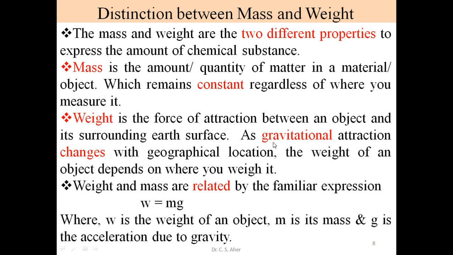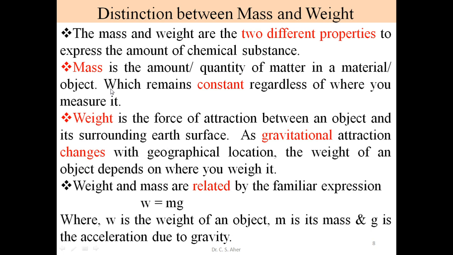If the gravitational force is less, at that time the weight is low. So this weight, this physical quantity, expresses the amount of matter, but it depends upon the gravitational force, and thus it changes with geographical location.